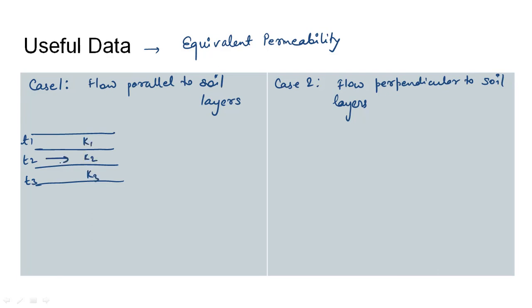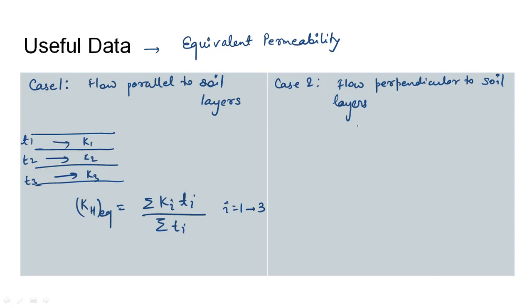So in this case flow is happening parallel to the soil layers. So the equivalent permeability in the horizontal direction would be equal to summation of Ki Ti divided by summation of Ti. Here i will vary from 1 to 3 since there are 3 layers.